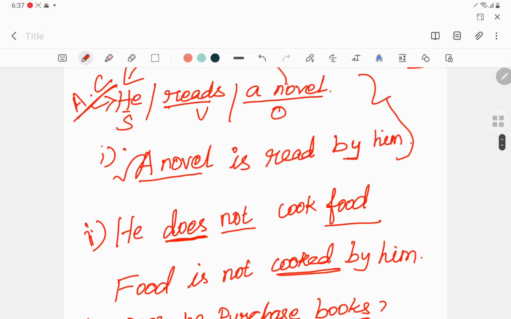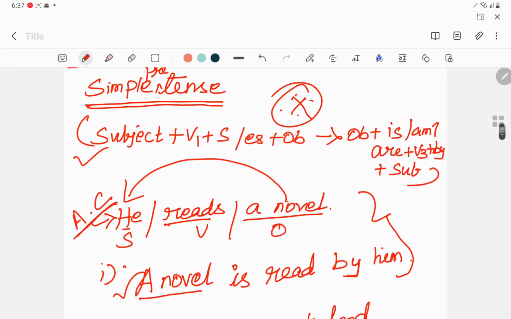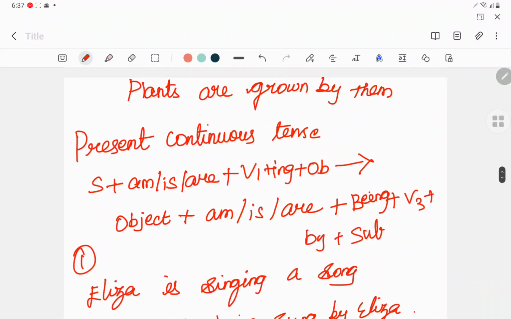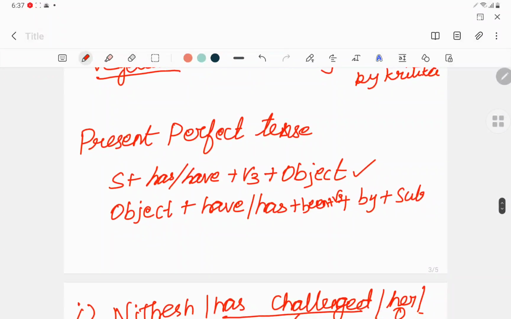The tense structure is subject plus verb 1 plus s plus object, and while changing to passive voice the structure is different. Present continuous also you can change, like am, is or are plus verb 1 plus ing plus object. And then present perfect tense also you can change.